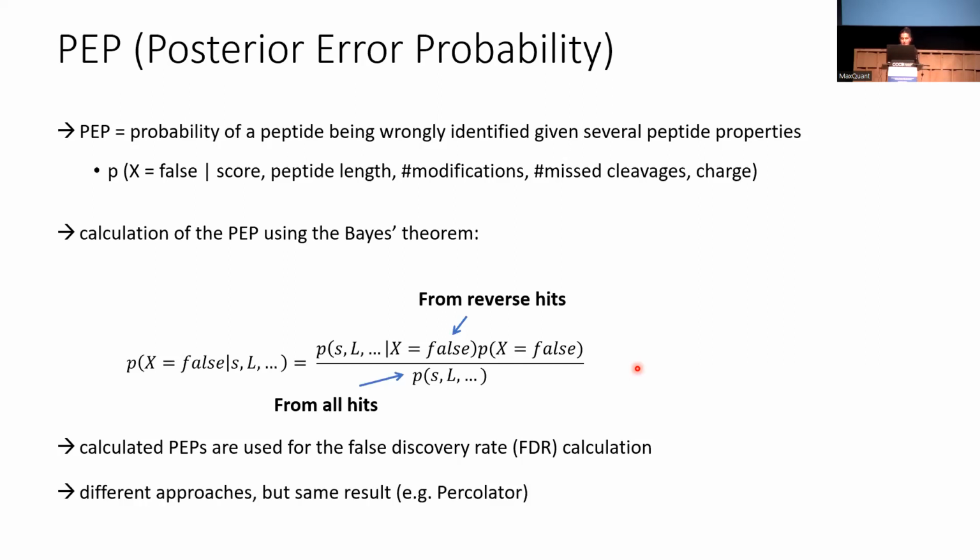Now, we do that by using this probability, the PEP score. But another way to do it is to use machine learning and see this problem as a classification problem, using all of these features. Of course, you have to use the target and decoy labels for that.